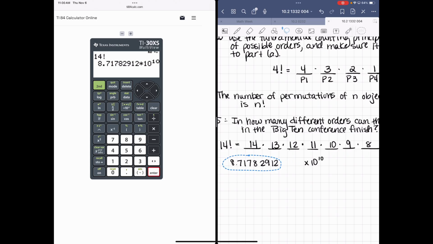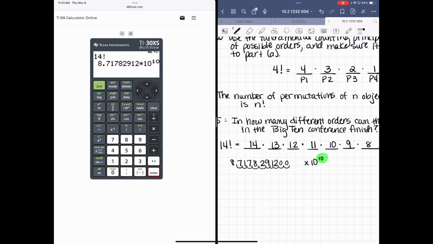From what we did earlier, I'm going to take that decimal and move it which direction and how many? To the right, 10. 1, 2, 3, 4, 5, 6, 7, 8, 9, 10. This time, how many zeros do I have to put in there? 2.